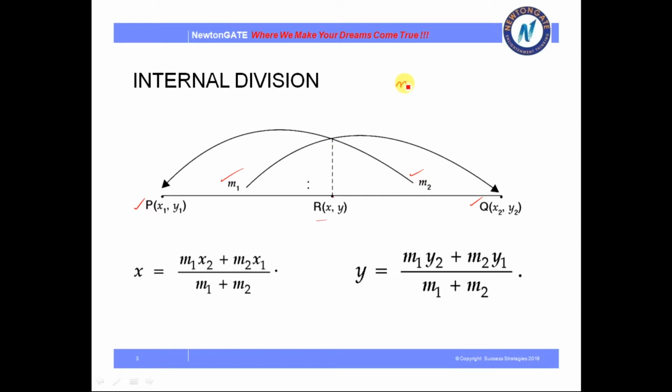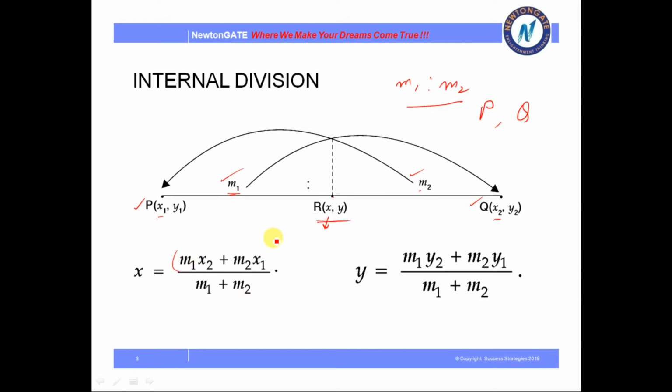So, M1 is to M2 is our ratio, and P and Q are the endpoints, and we need to find the coordinates of R. So, the X coordinate is given by M1 into X2 plus M2 into X1 by M1 plus M2.